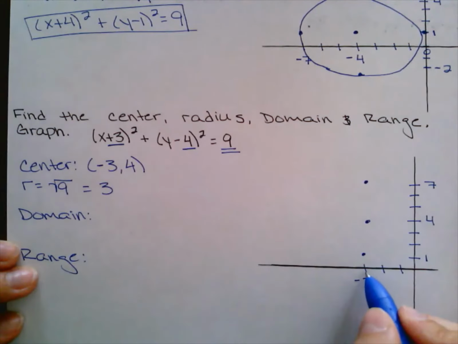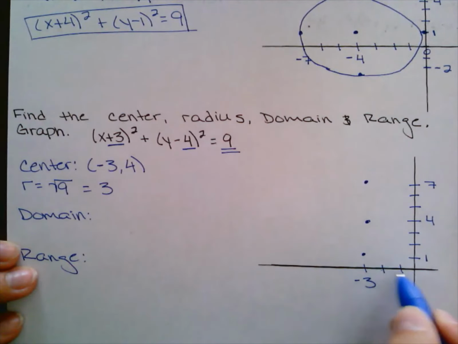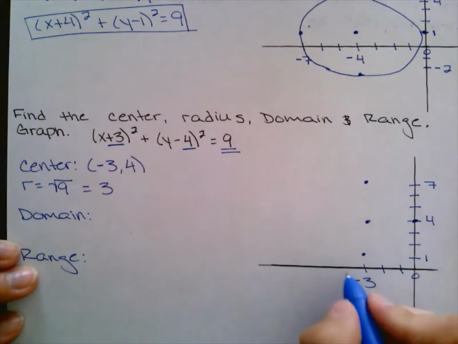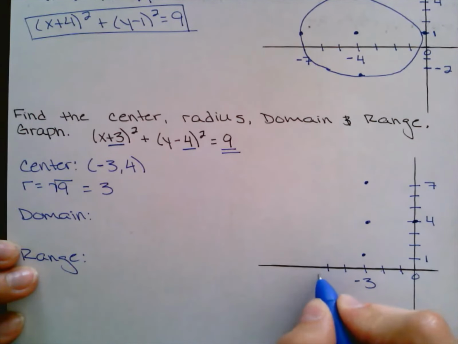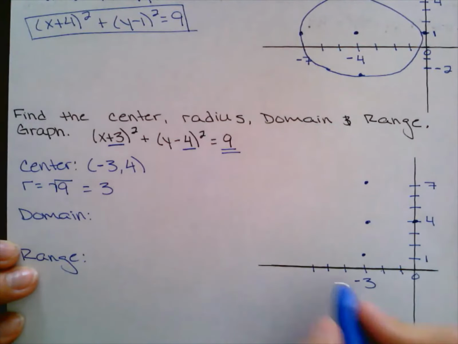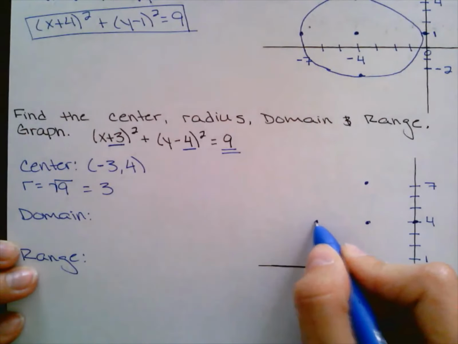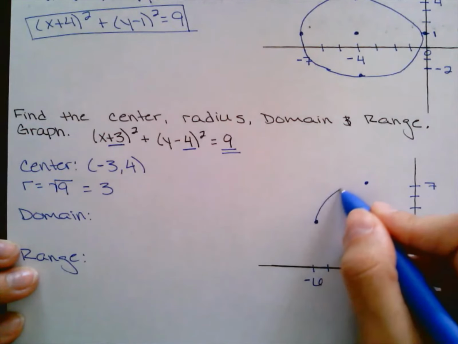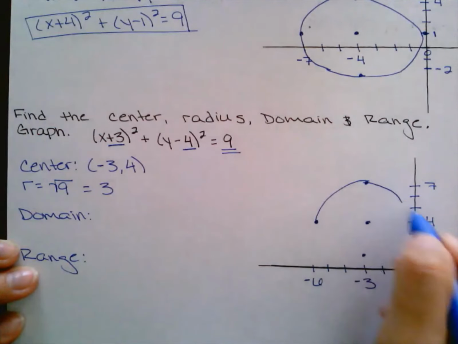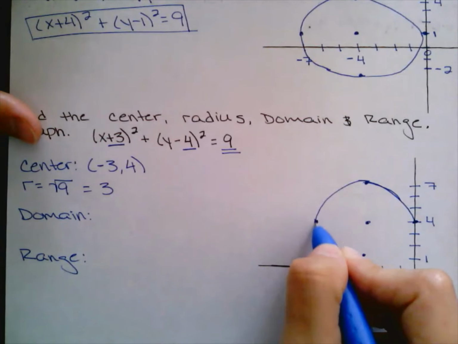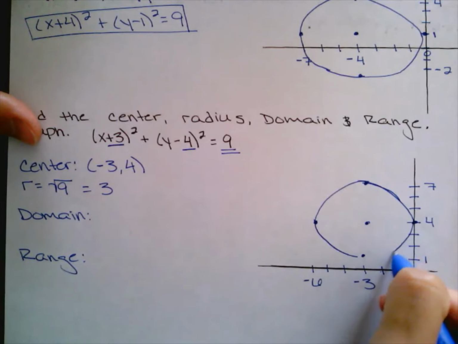And then I'm going to go 3 to the right, 1, 2, 3, at 0. Line that up with the center. And then 3 to the left, which is going to get me at -6. We're going to connect our dots, making our circle.